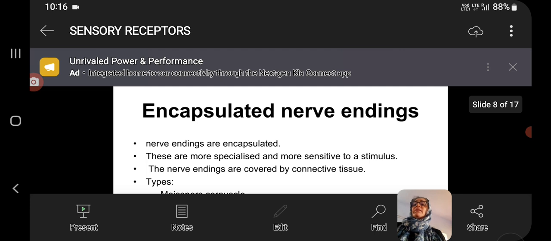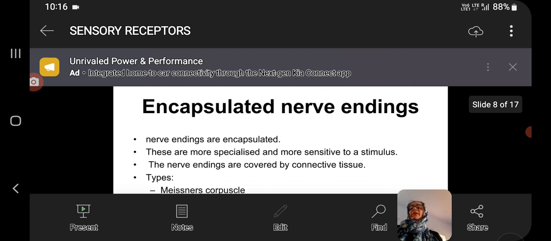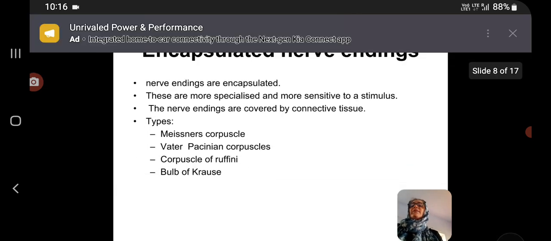The second one is encapsulated nerve endings. These are nerve endings covered by cells, that is, epithelial cells. There are different covered structures: Meissner's capsules, Vater-Pacinian capsules, Ruffini capsules, and bulbs of Krause.